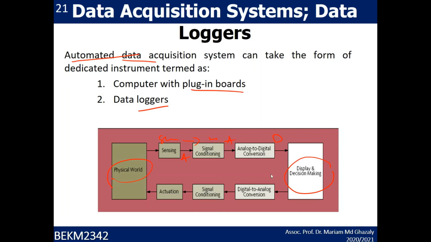If you want to feed this value back to the input, you convert it back from digital to analog, and then from analog to actuation you amplify or reduce the value. You use an amplifier, or filter the signal, and send it to the actuation.